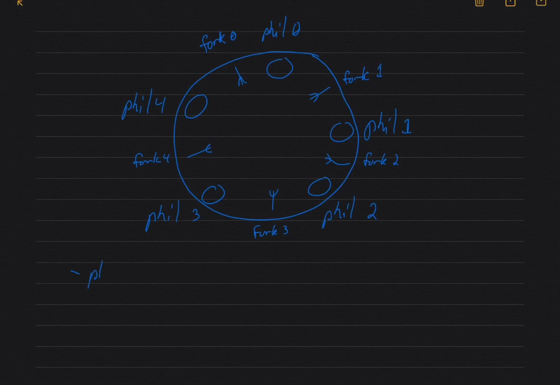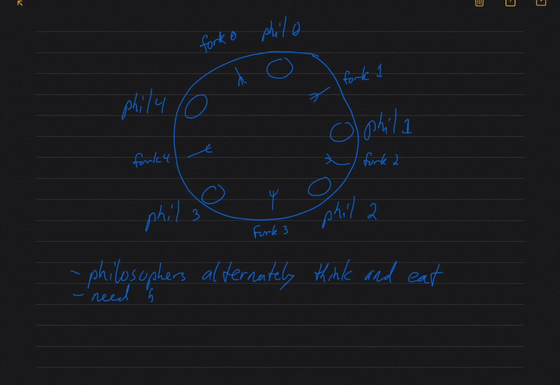Okay, so the philosophers alternately think and eat. So they think for a while, I guess that's hungry work, so then they decide they want to eat. So they try to pick up both their forks and eat for a while, and then they'll put them both down. And the times that they're thinking for and the times that they're eating for are unpredictable.